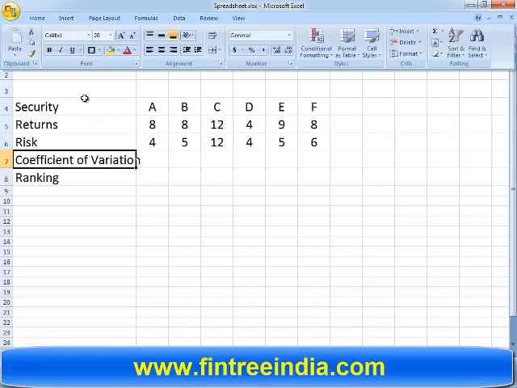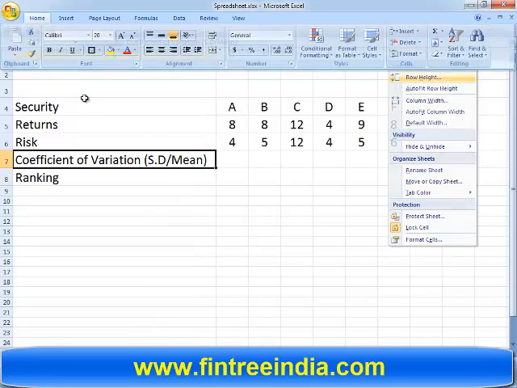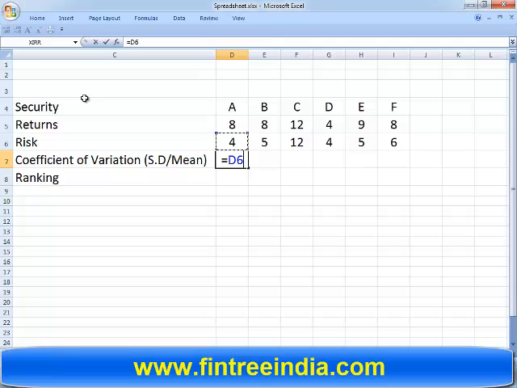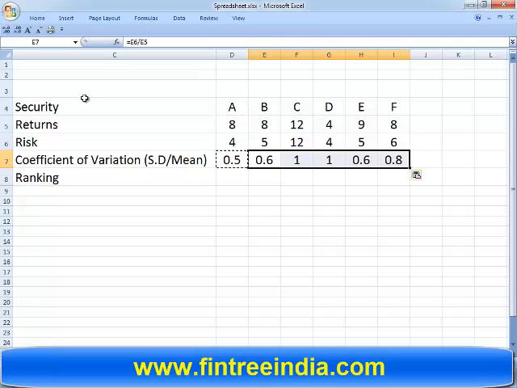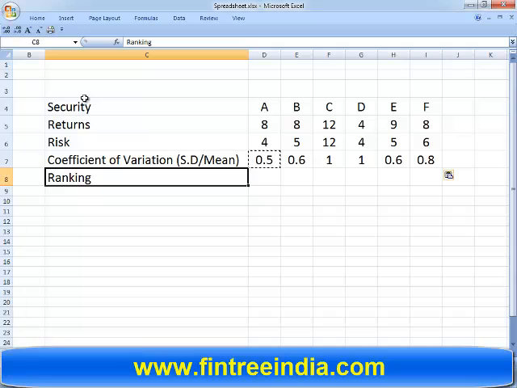Then coefficient of variation. In the bracket you can expand the formula here. You can say standard deviation of a security divided by mean return. So here standard deviation 4 divided by mean gives 0.5, 0.6, 1, 0.6 and 0.8. Then ranking based on the coefficient of variation.